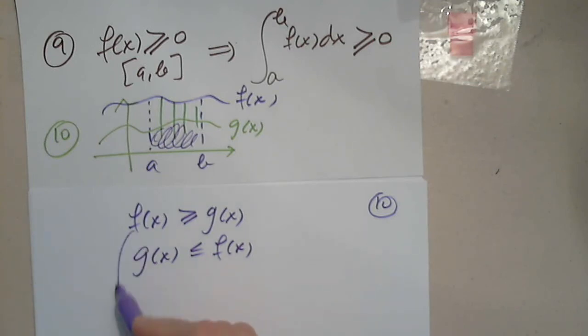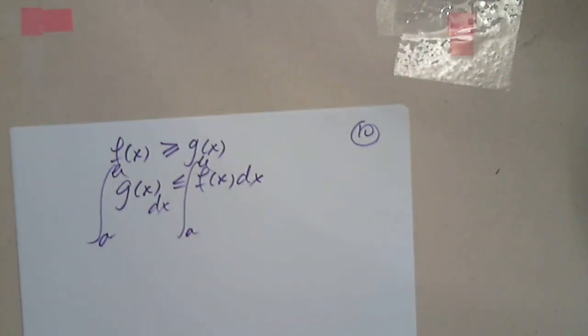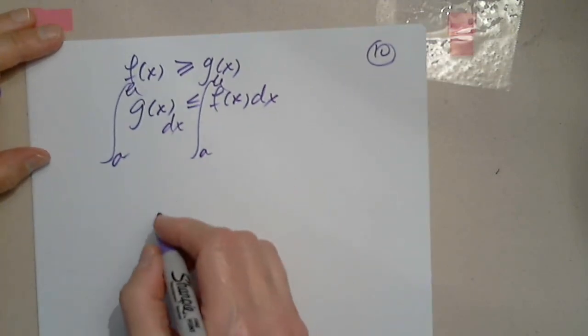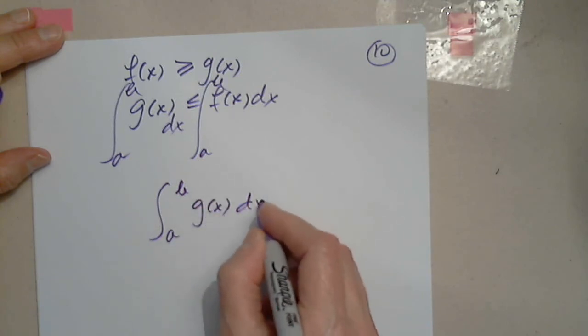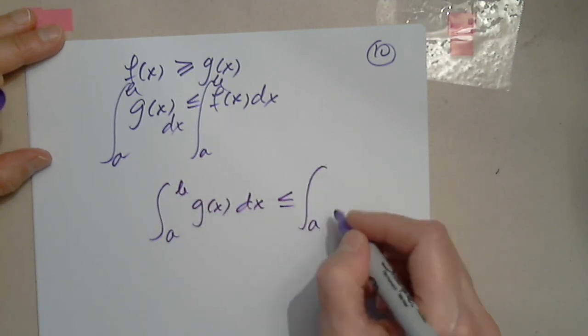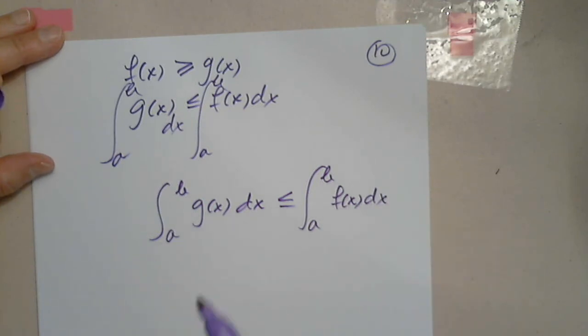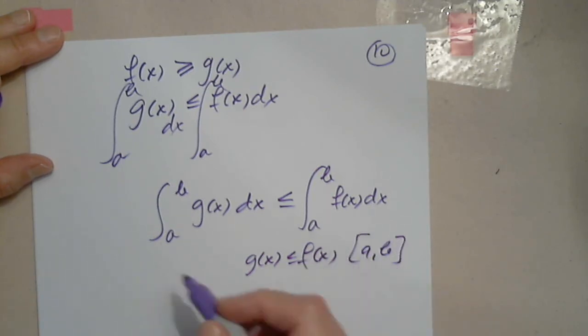Well, of course, the same thing, the integral from a to b dx, the integral from a to b dx. So the relationship now, let me write it one more time so we can see it. The integral from a to b of g of x dx must be less than or equal to the integral from a to b of f of x dx, every time g of x is less than or equal to f of x on the interval a comma b.